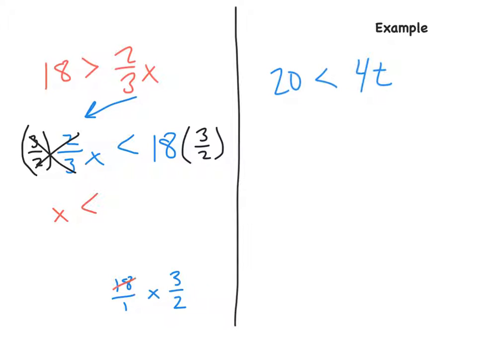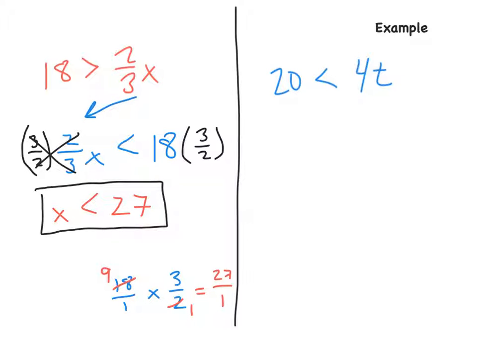So 18 divided by 2 is 9. 2 divided by 2 is 1. Multiply straight across. 9 times 3 is 27. 1 times 1 is 1. So, remember, 27 over 1 is basically the exact same as 27. So when we multiply 18 times 3 over 2, our answer is 27. And this is our final answer to the problem. x is less than 27.